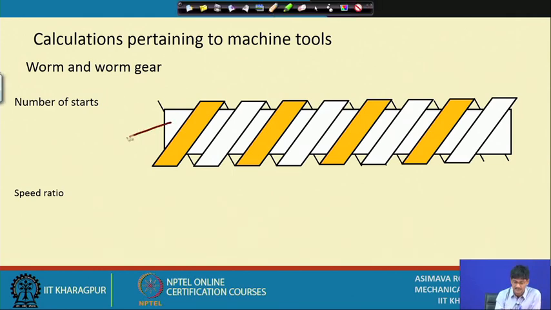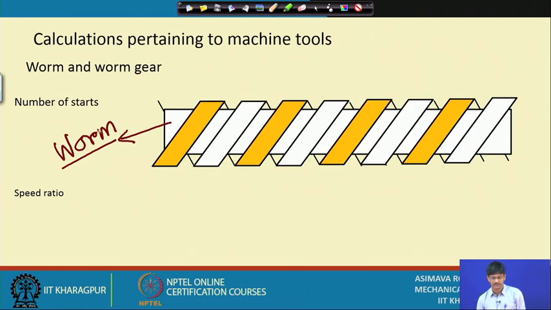So, this is our worm. So, why are we suddenly bringing in this term? Because when it is coupled by another machine element, it forms the very popular device for speed reduction called the worm and worm gear.